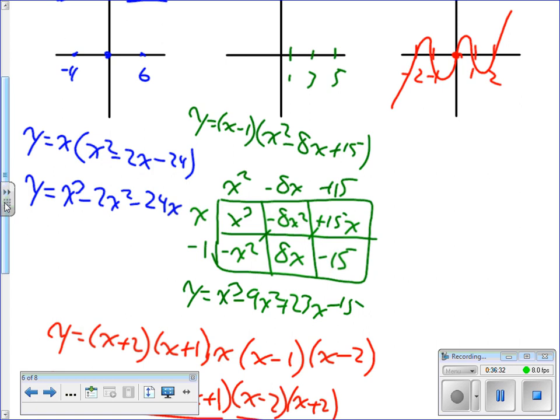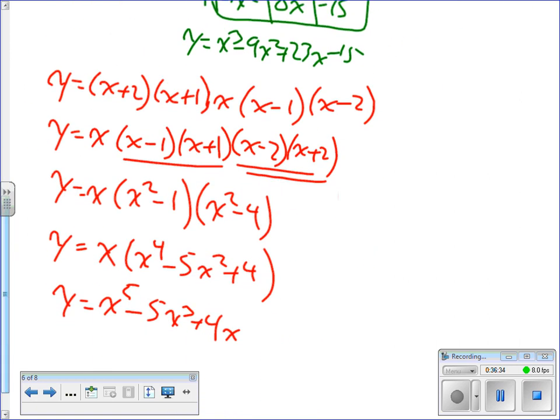The more stuff you have in here, the more out of balance it is. It's hard for me to predict. I can predict where it's going to cross. I can predict where the highs and lows are going to be. I can't always predict how high and low they are. I can figure it out, but I can't predict them by looking at the equation. Okay, does that make sense?